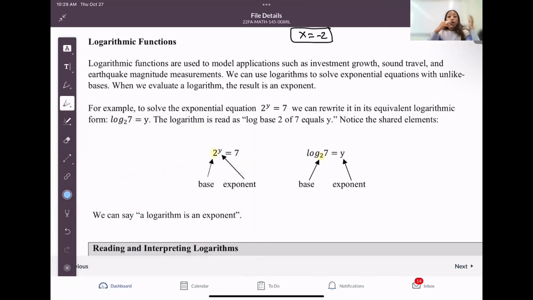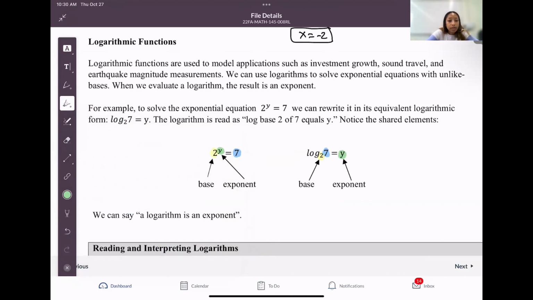Then we have to take the logarithm of some number. The number that we take the logarithm of, which is the 7, tells us what we want our output to be. We want to end up with 7. And then what is the logarithm equal to? The logarithm is going to be equal to whatever the exponent is that gives us this output.